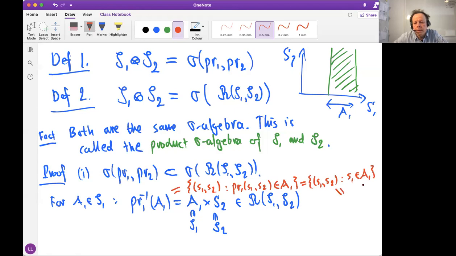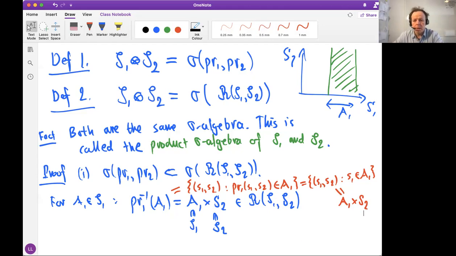And then you can take all the points in A1 and then any point S2. So that's why you can write this as a product of two things. Yeah, okay, I see it now. Maybe I was slightly confused. Thanks for the question.